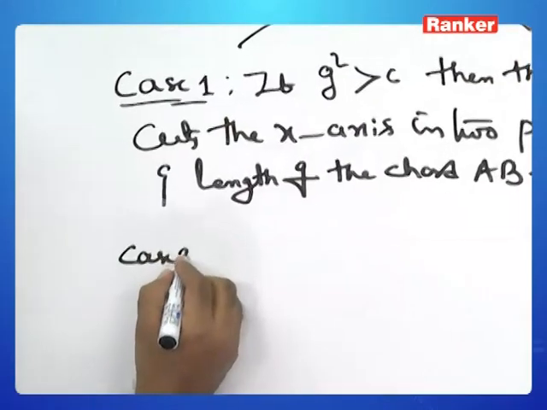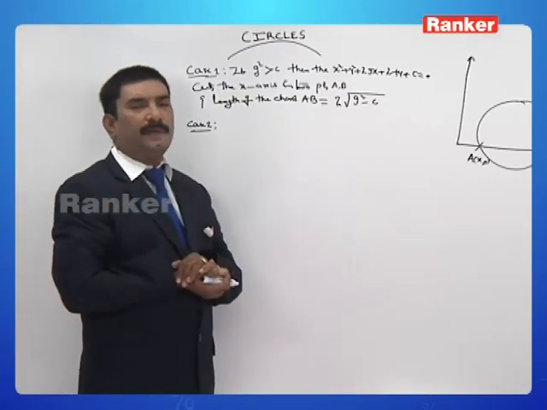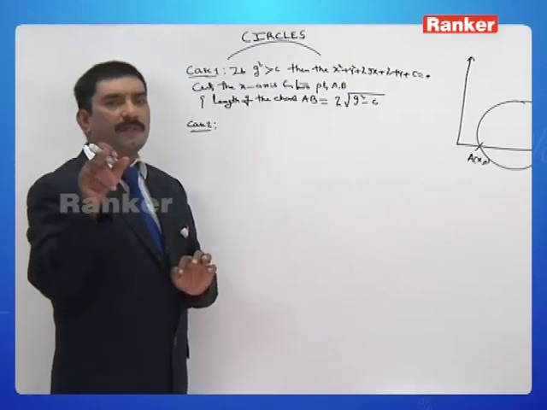Next, case 2. Let us discuss case 2. Case 1 is g square greater than c. What is case 2? g square is equal to c.